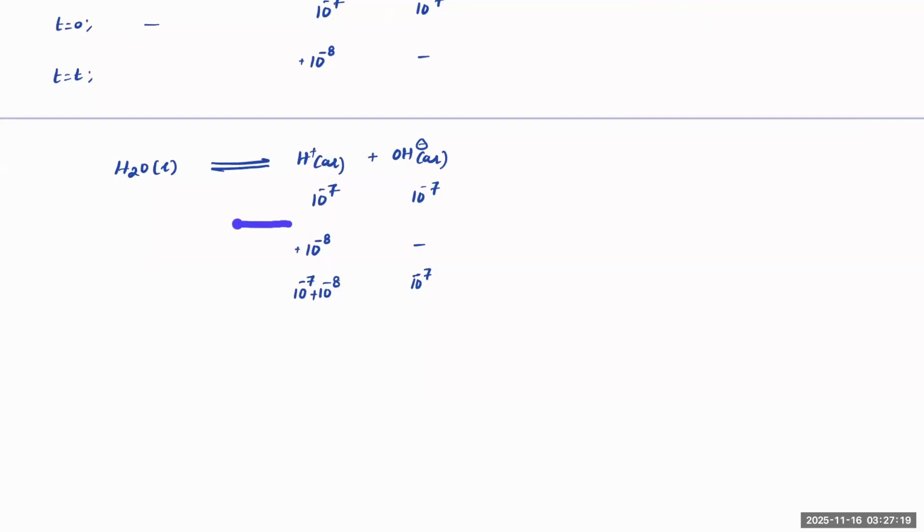The equilibrium will shift in the backward direction, Le Chatelier's principle. Right, everybody? So let me write that down. As H plus ion concentration increases, the equilibrium will shift in the backward direction.